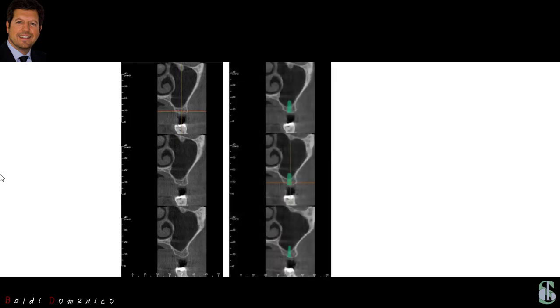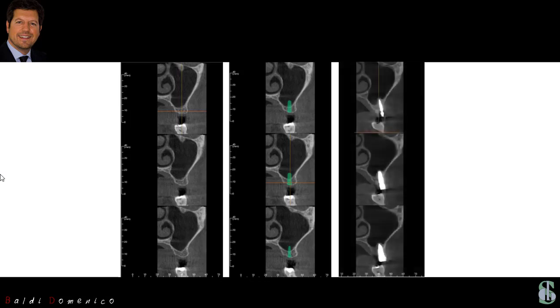So if we make the comparison between the CT of the beginning situation, the CT of our implant plan and the final CT, you can see how it was possible to work in a really less invasive way.